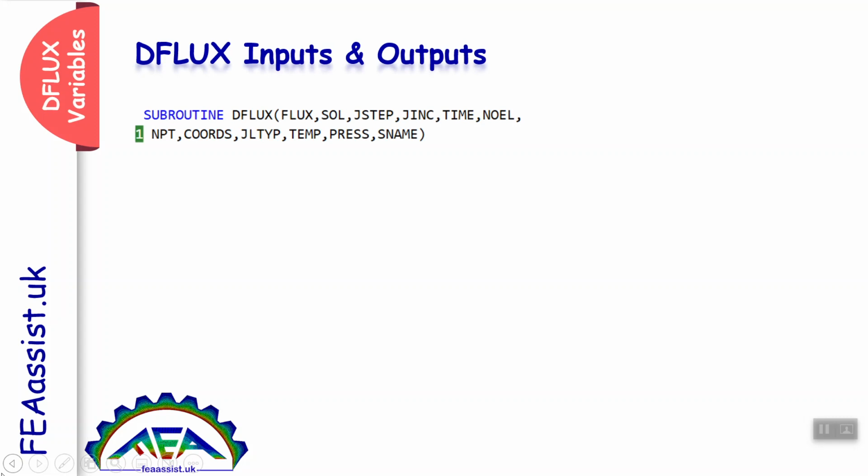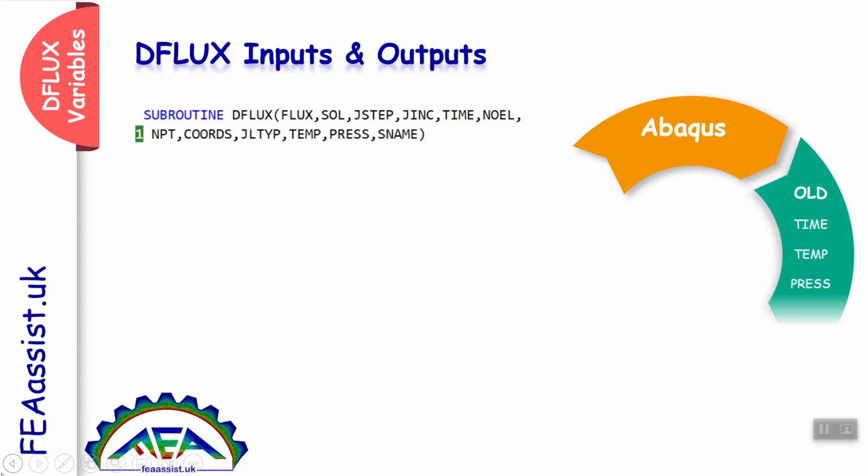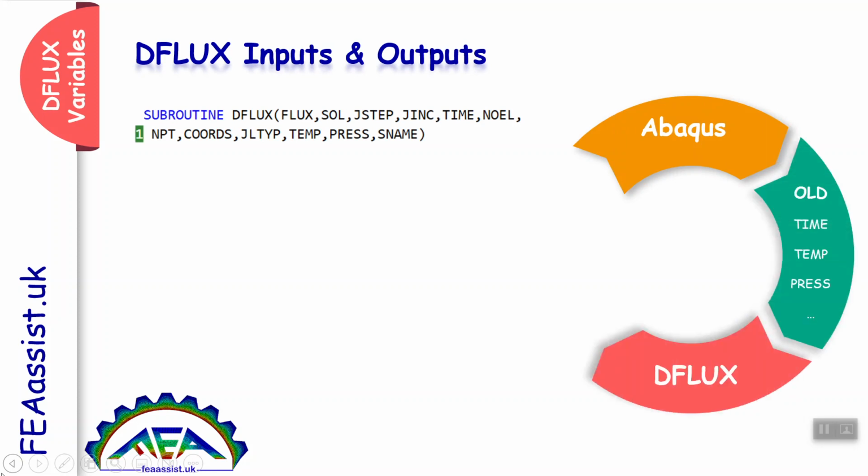Deflux variables. Deflux has some inputs. We need to process those inputs and export the processed values as outputs into Abaqus. In other words, Abaqus computes time, temperature, pressure, and other variables. We need to get these variables and write our fluxes, flux 1 and flux 2, and return them back to Abaqus.